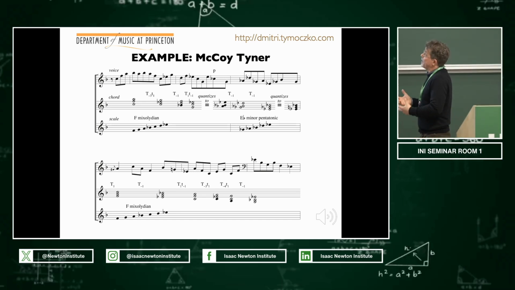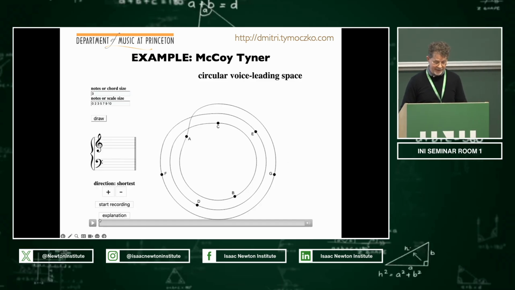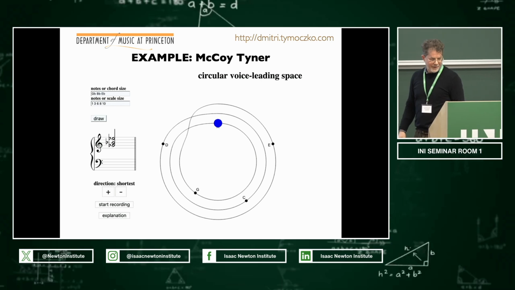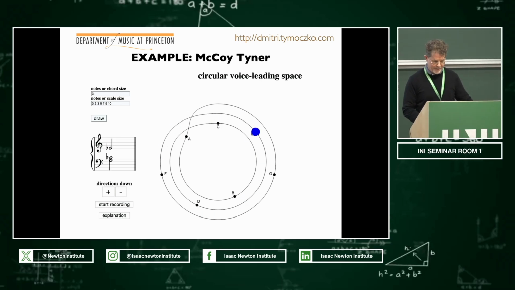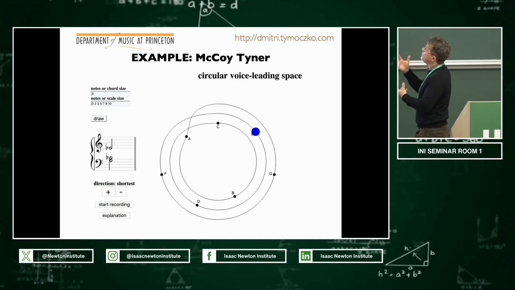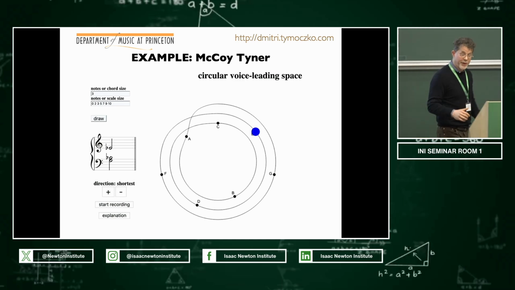Probably more impressive than what Beethoven's doing because he's doing it in real time without any planning. This is what it looks like geometrically. This is a kind of deep structure of musical thinking.